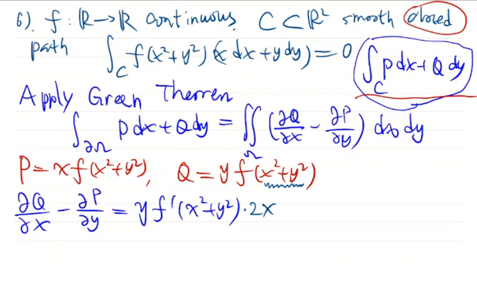Then minus the partial derivative of p with respect to y, that is x f prime of x squared plus y squared, times the partial derivative of x squared plus y squared with respect to y, that is 2y. Of course, the result is 0.